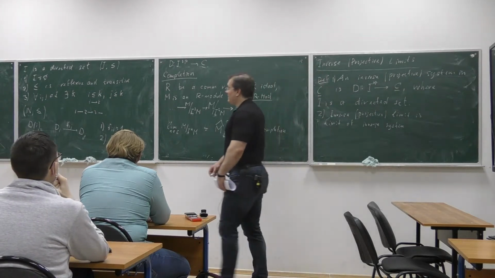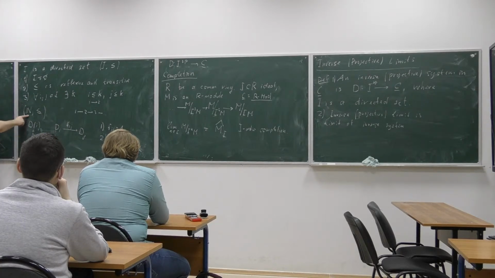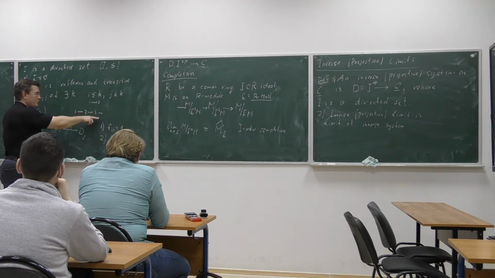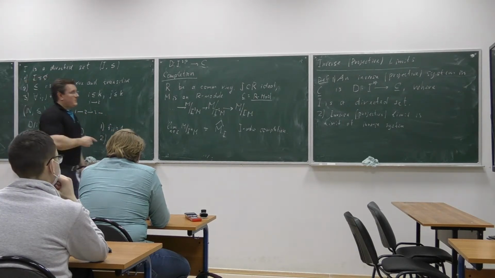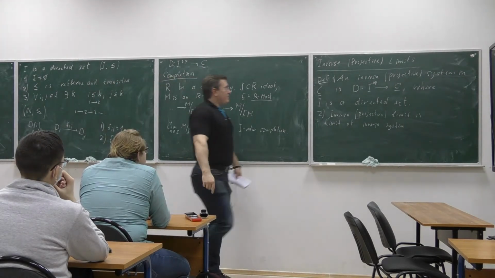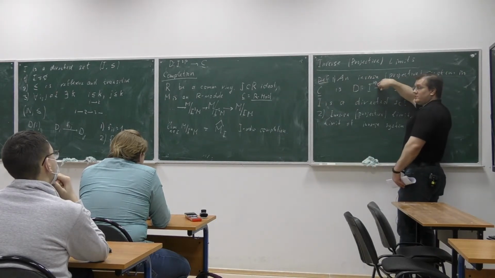I completely missed it. Well, that's the definition of a directed set. With this definition, n is a directed set, which is nice. Now, here n is this kind of shape of the diagram. Now you can see that in my example, I have arrows in the other direction. So it means that if I want to consider such examples, I need to put opposite in the general definition. Otherwise, it just doesn't work.